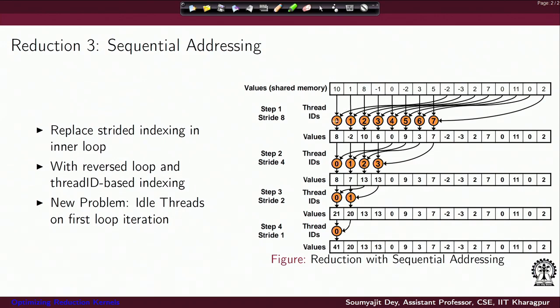So, what we do is, earlier thread ID 0 was accessing memory location 0 and memory location 1, but now let us make thread ID 0 access memory location 0, and the next element that it is going to access is sitting at an offset of size L by 2, where L is the total size.